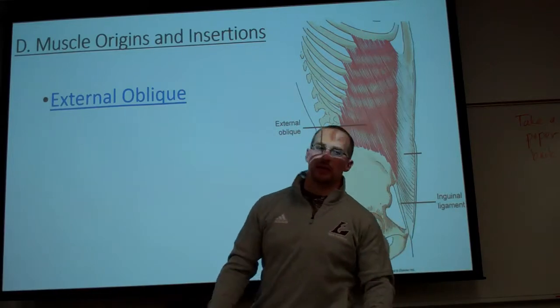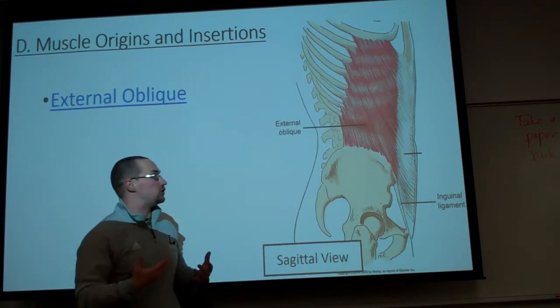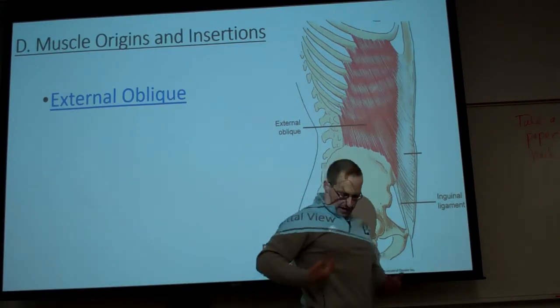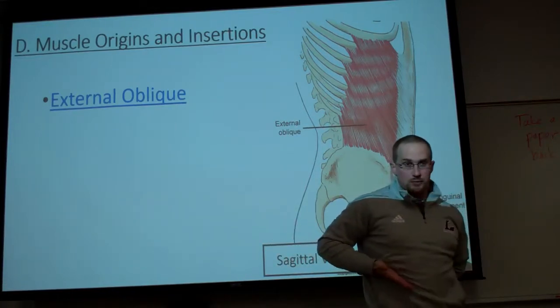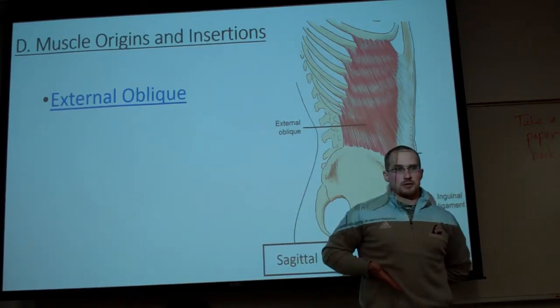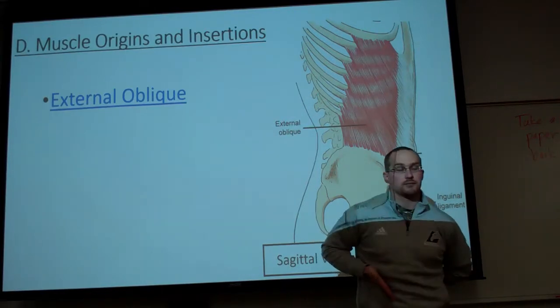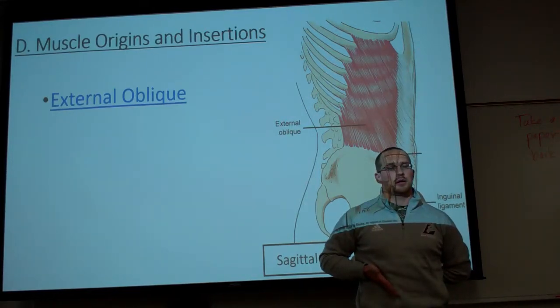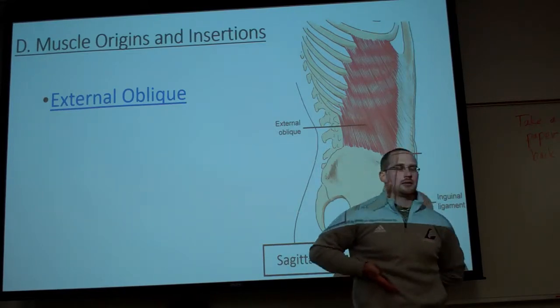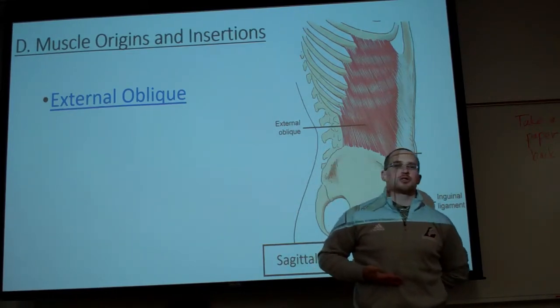So the external oblique, let's think about what motions it does. If I'm coming down and in, so pretend these are my muscle fibers, I can do trunk flexion. I can come to the side. That's going to be trunk lateral flexion.